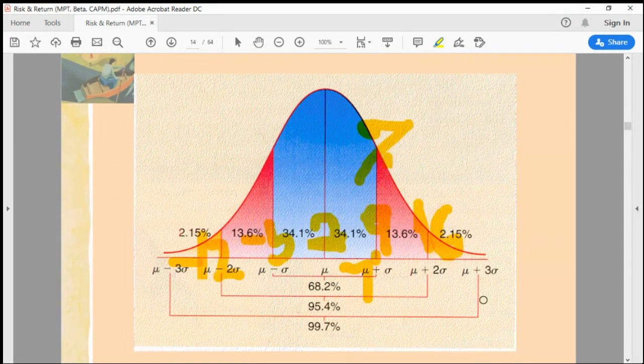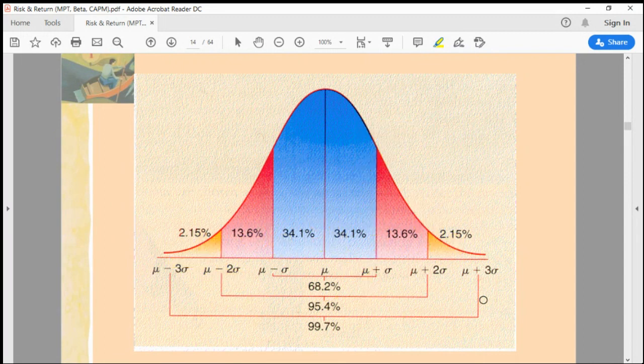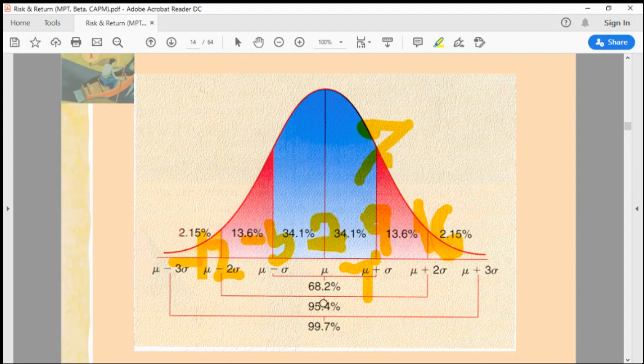So this gives us a better idea about what our probability is of earning our target return. For example, Apple's mean return is about 2% monthly. That means you have 34% probability of earning anywhere between 2 and 9%, and 14% probability of earning between 9 and 16%.